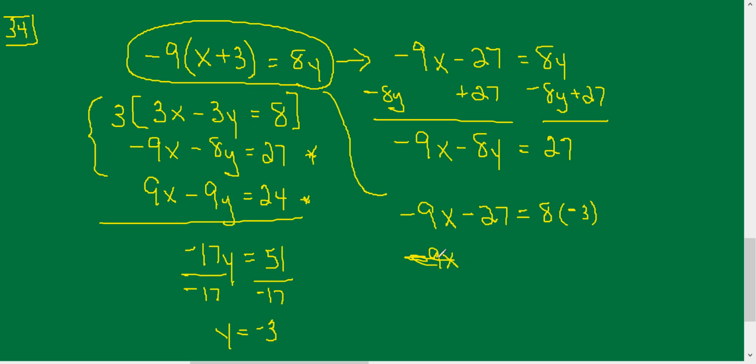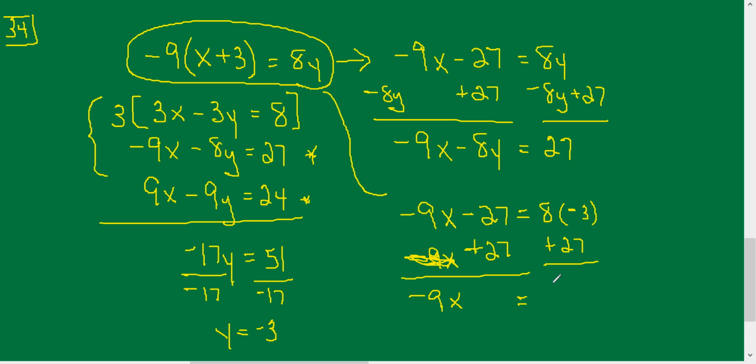Here I'm going to have negative 9x. No, what am I doing? Not yet. I've got to add 27 first. Add 27. Hope you don't mind me taking a little shortcut there. Here I've got negative 9x. I'm adding 27 to both sides, but what's happening here? This is negative 24 plus 27. Simple arithmetic, right?